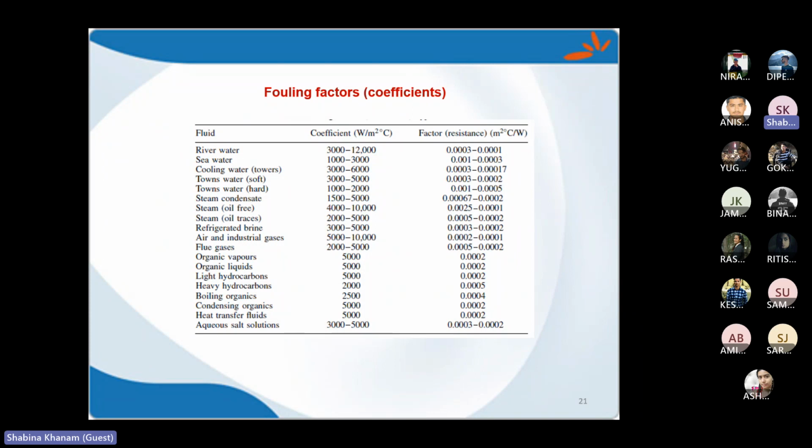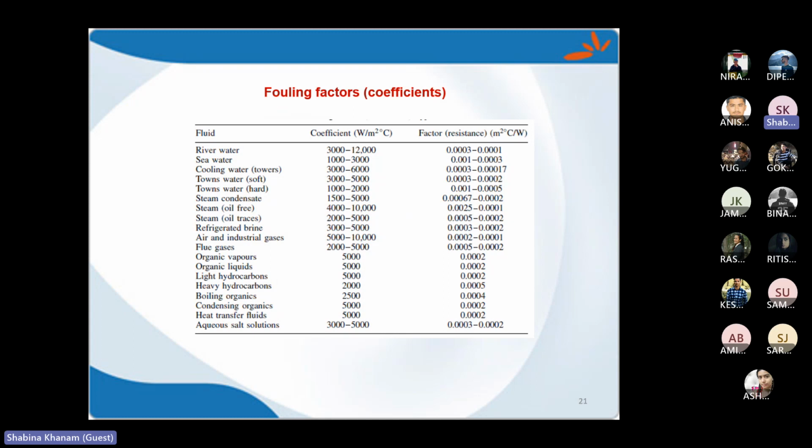In the last class we focused on different types of heat exchangers which are primarily used in the chemical industry, their functioning briefly, and in which case which one should be used. Okay, that we have discussed.